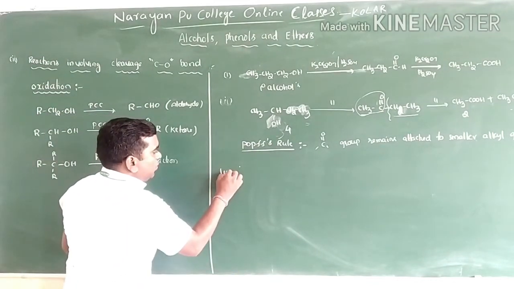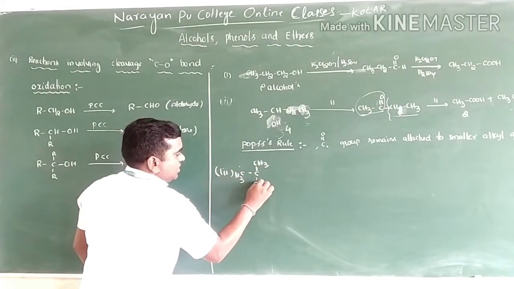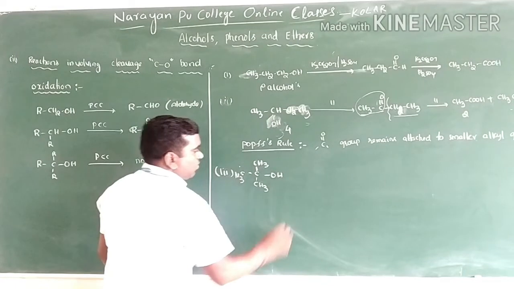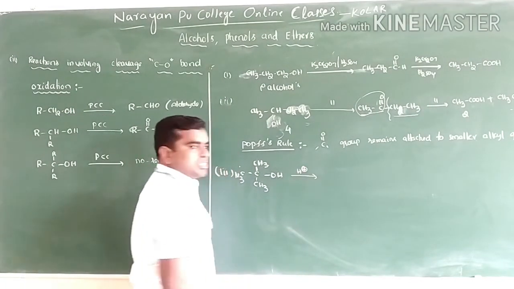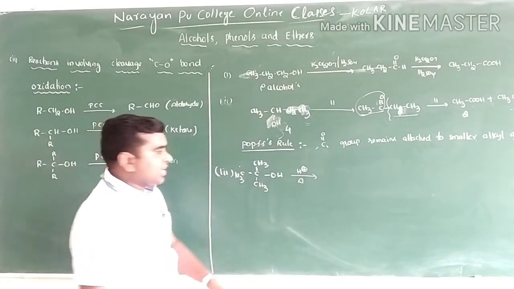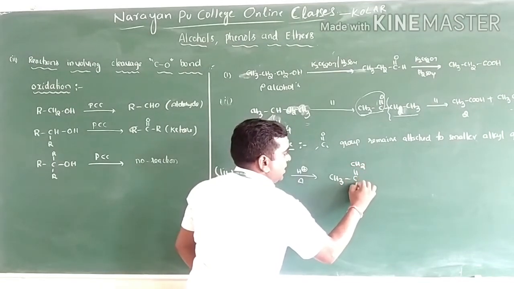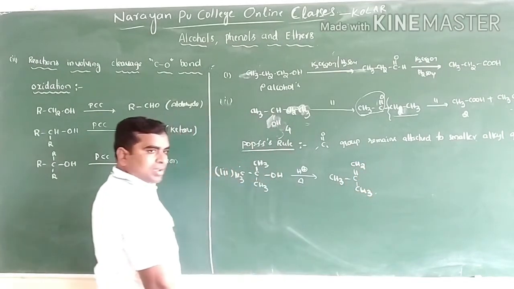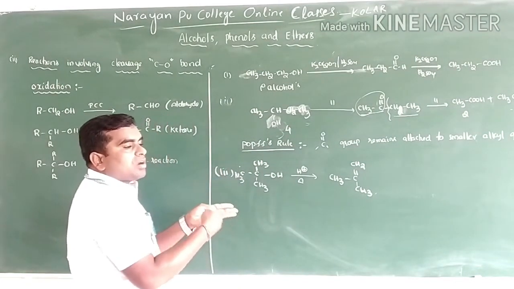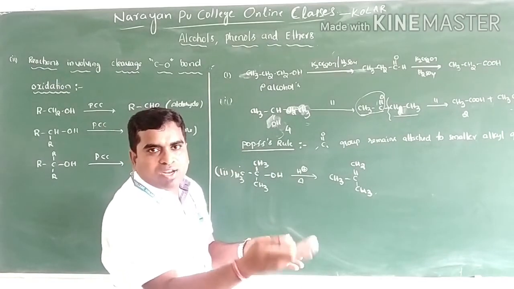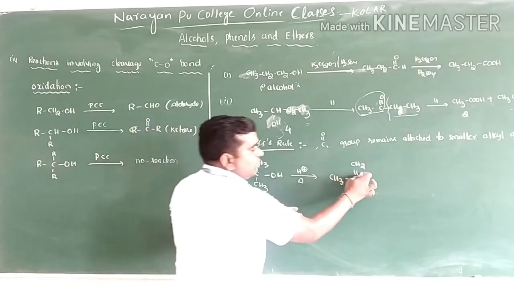In the same way, if you take a tertiary alcohol, first of all it will not undergo oxidation. With H plus and heat, you get dehydration, giving an alkene. Tertiary alcohols do not undergo oxidation, so first we did H plus and heat to get the alkene.